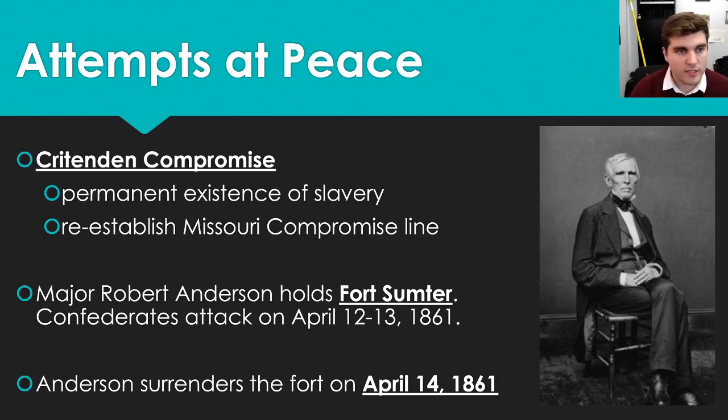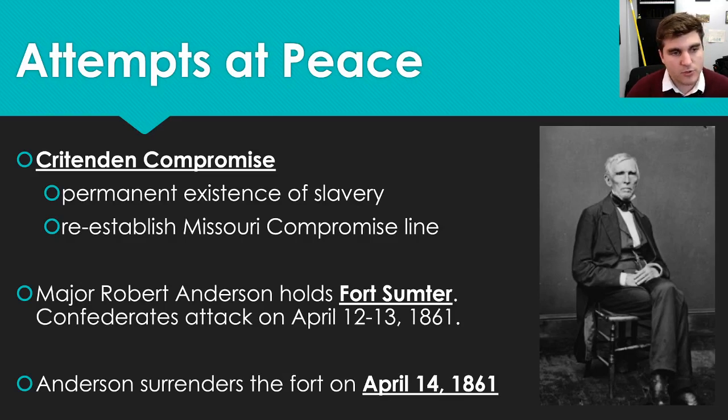John Crittenden, from Kentucky, establishes what's called the Crittenden Compromise. Under this compromise, it was basically a last-ditch effort to try to get both the North and the South to agree to a continued stalemate.